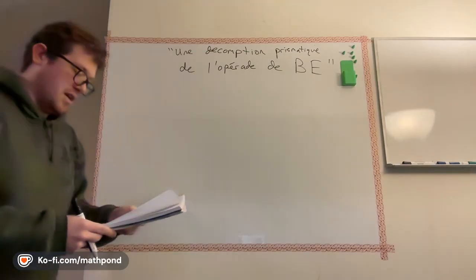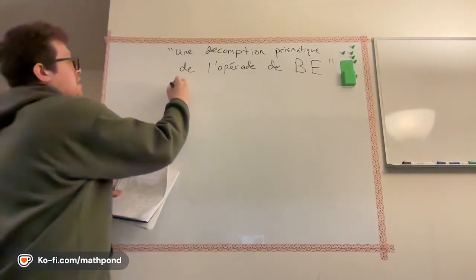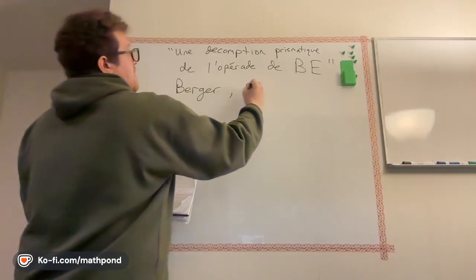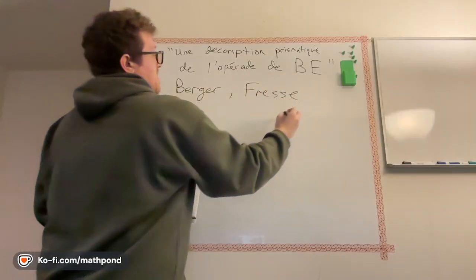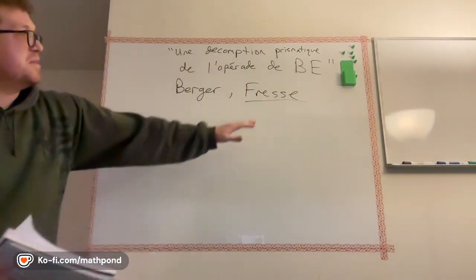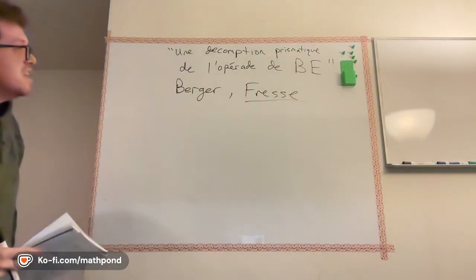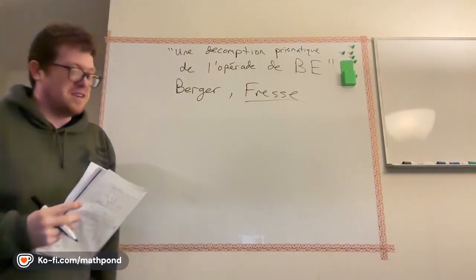And this is Berger and Fresset. I personally think Fresset is probably one of the best living mathematicians. I think he's still living. He's getting old though.